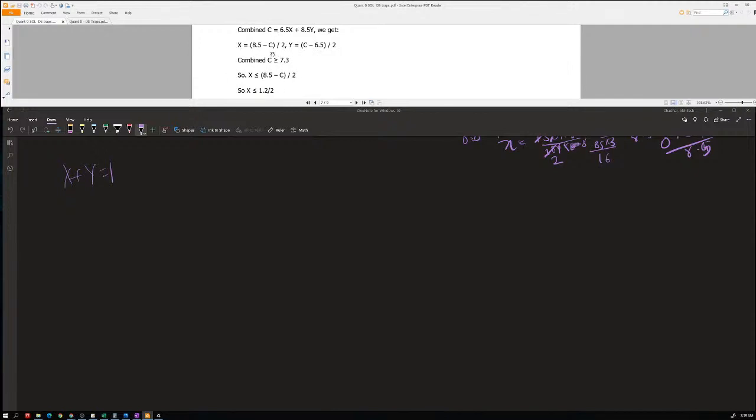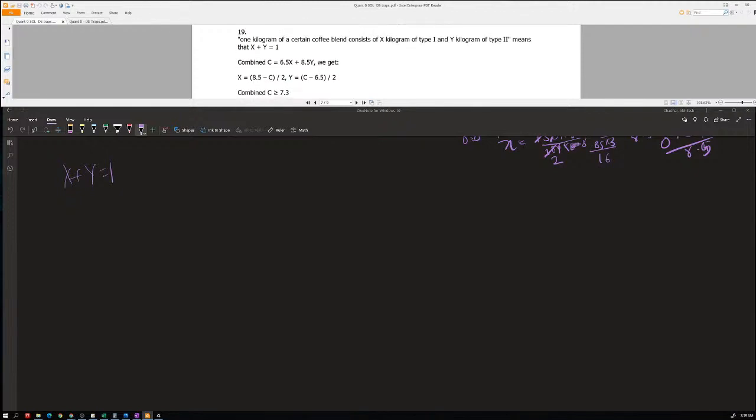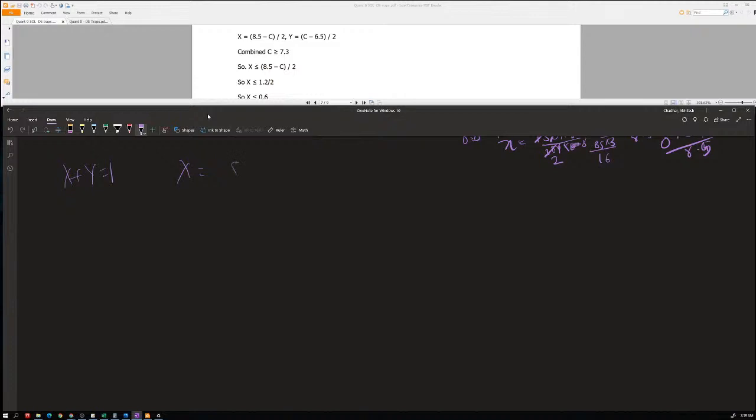Now they say that, okay, from that they say that x is equal to 8.5 minus C by 2 and y is equal to C minus C, which is okay. They say that C is greater than y. The first condition they have not at all taken because that was straightforward, not sufficient. Then they say that C is greater than or equal to 7.3. So in that case, this is 8.5 minus greater than or equal to 7.3 divided by 2.